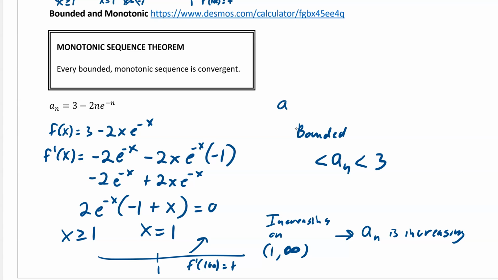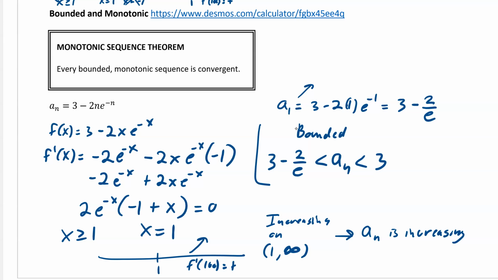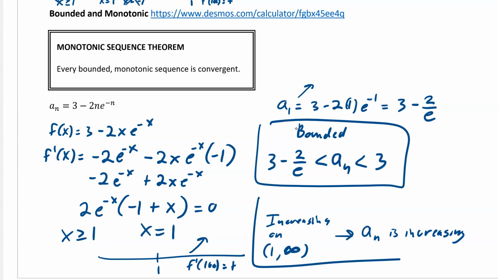So I'm going to find a sub 1 here. And again, we're increasing from there. So 3 minus 2, plugging in 1, e to the negative 1. And this would give us 3 minus 2 over e. So we know it's bounded on that interval.